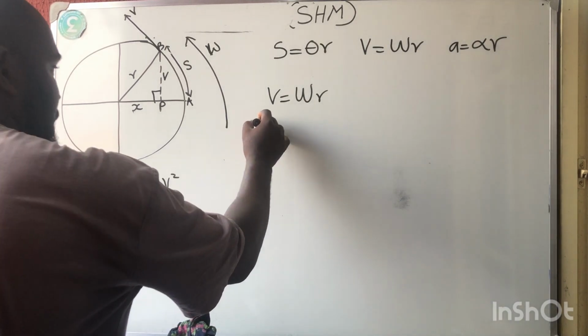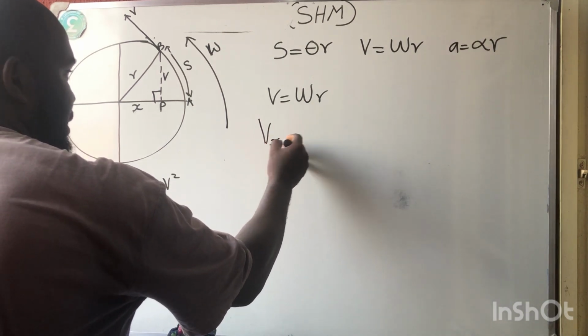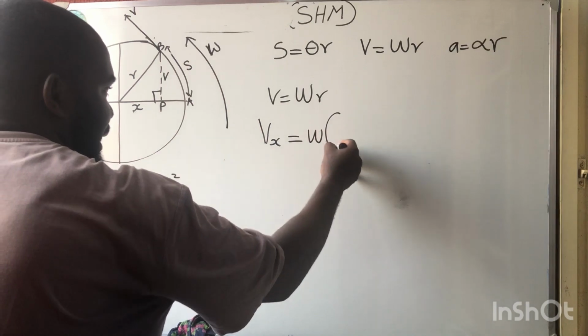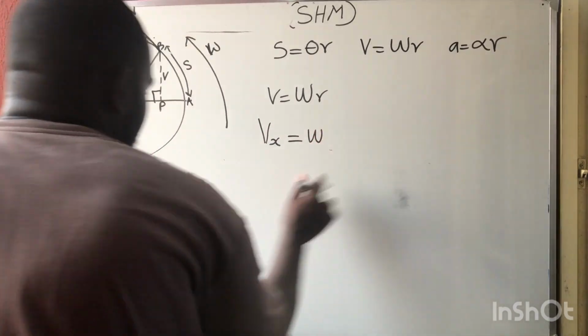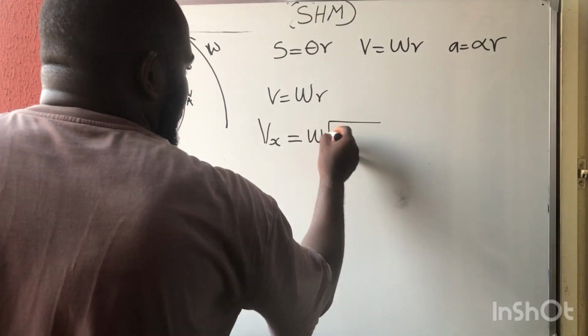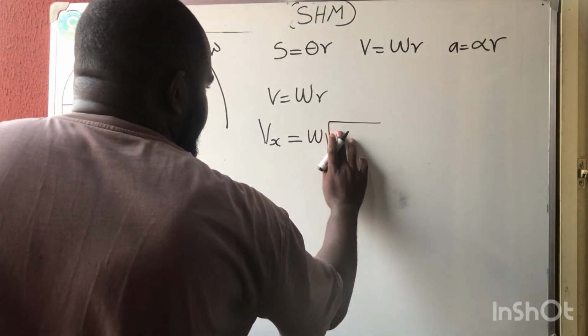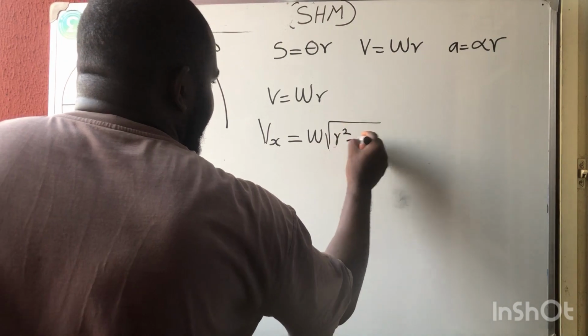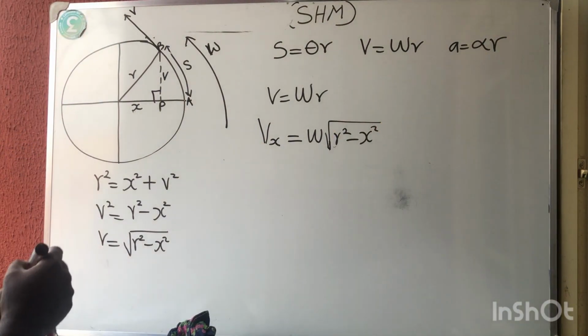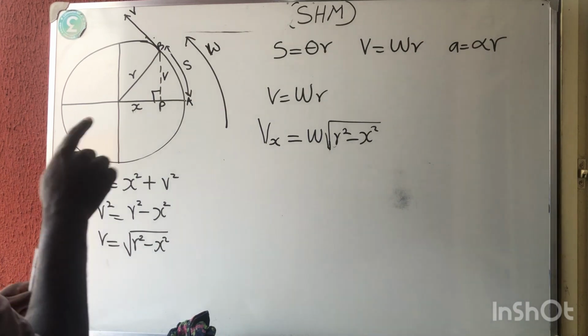But if you want to calculate the velocity on the x-axis, simply use w times the square root of R squared minus x squared. That is if you want to calculate the velocity on the x-axis.